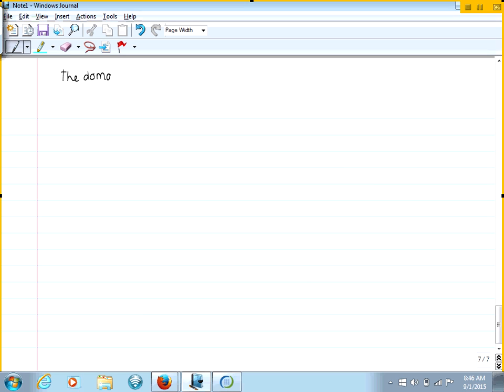So the domain of F over G is the domain of F intersected by the domain of G. So it's the same answer as the other one, but with the addition.